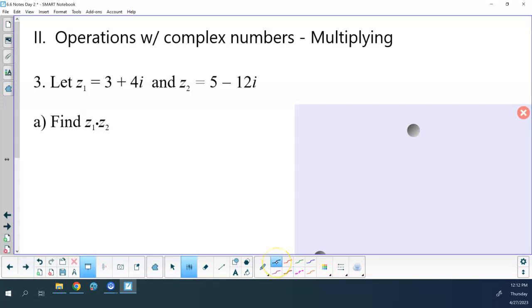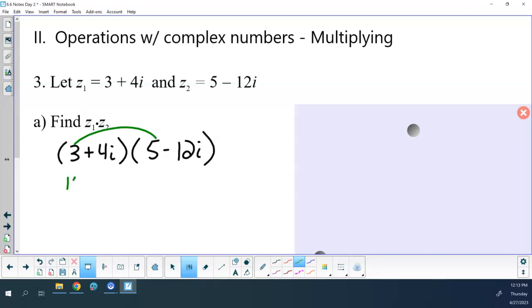So if I want to multiply these two together, 3 plus 4i times 5 minus 12i, I would double distribute, right? So I would get 3 times 5 is 15. 3 times negative 12i is negative 36i. 4i times 5 is 20i. And 4i times negative 12 is negative 48i squared.